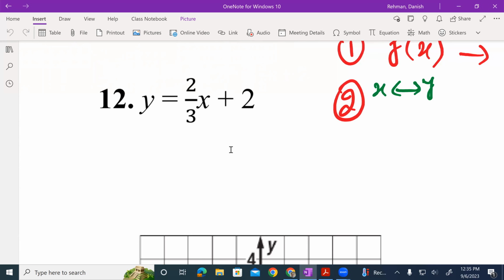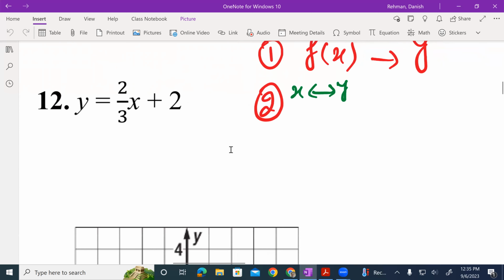Look at this. How will I switch in question number 12? Wherever I will see an x, I will replace that with a y. So in question number 12, this y is going to change to an x. So x equals the y. I will change that y to an x.